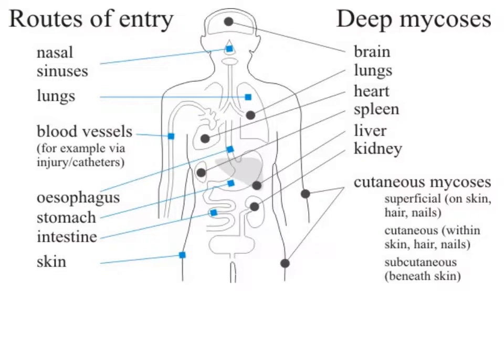Now again, on the left-hand side, you can see routes of entry could be nasal sinuses, and from nasal sinuses, they would end up in the lungs. You can have an injury or a catheter being put into you, and via that, it can enter into your bloodstream. You can also ingest them: esophagus, stomach, intestine, and then again, skin remains an important aspect over here.